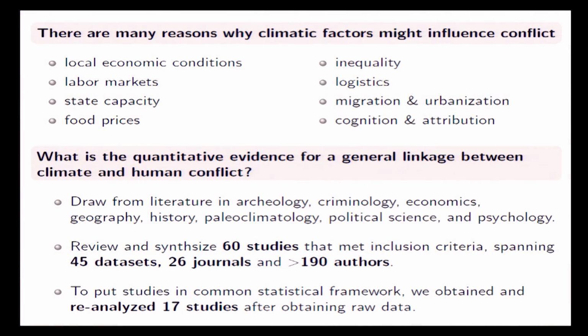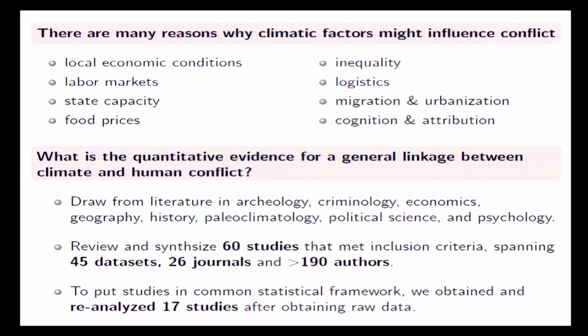But there's other ideas out there as well. For example, related to what we just saw, it's thought that food price spikes might increase populations' willingness to take to the streets. There are ideas about how the climate can affect underlying inequality within a society, and that can lead to social strife. And there's other arguments about transportation and logistics and populations migrating to cities very rapidly, creating rapid strains on public resources.